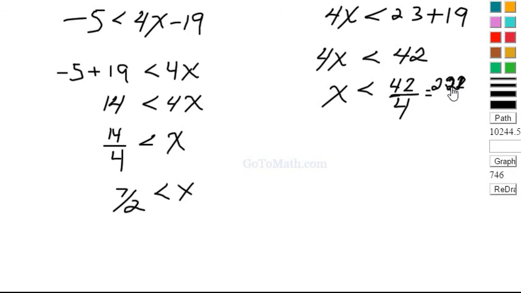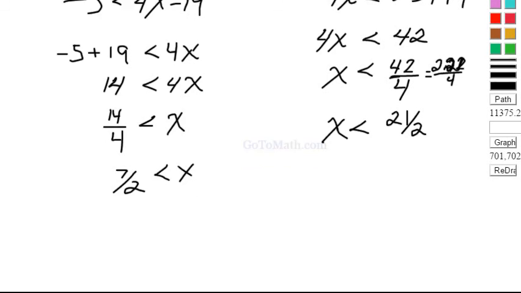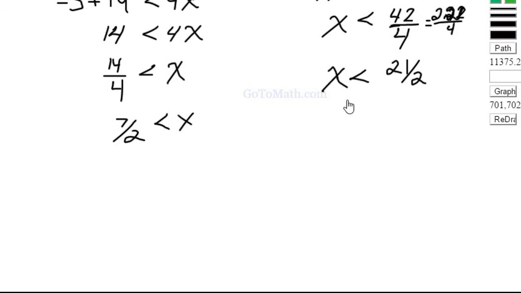Right? 42 over 4. 7 and 3. No, that doesn't break down all the way. 2 goes into 4 2 times. 21 over 2. Okay. X is less than 21 over 2. So you're probably better at that stuff than I am.